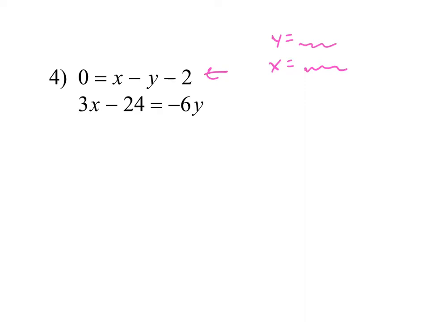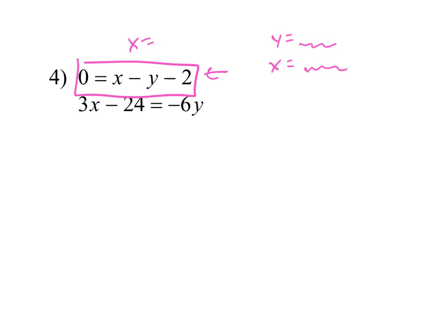What can we do? So our first equation, we either want it to be x equals or y equals. So what can we do? So how can we rearrange this equation to be x equals?